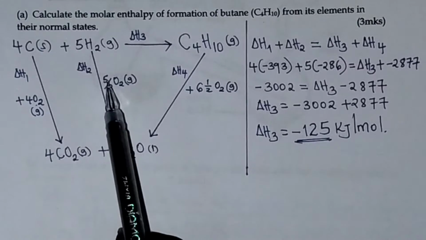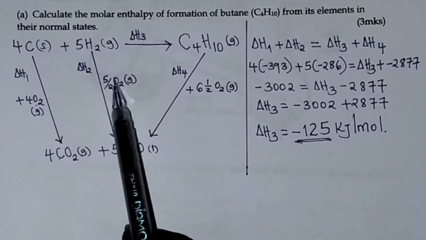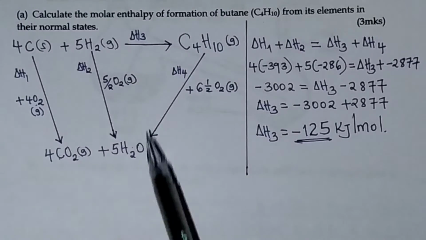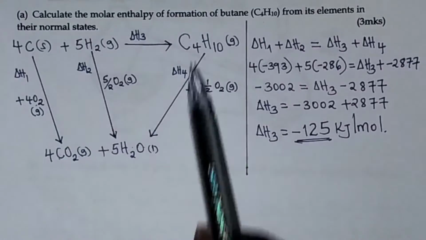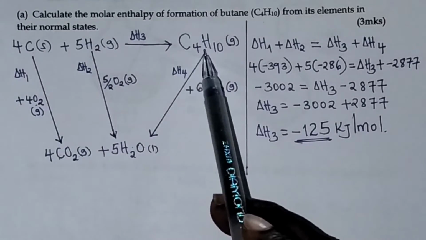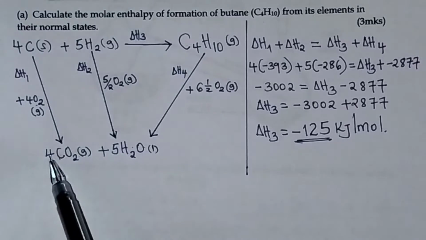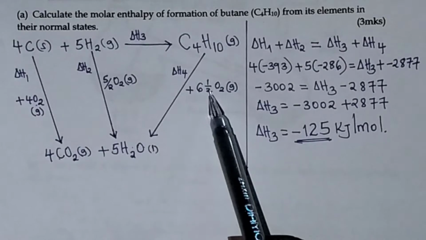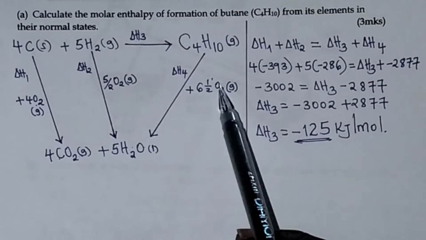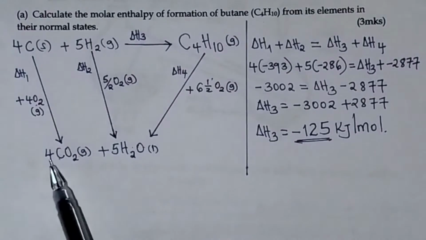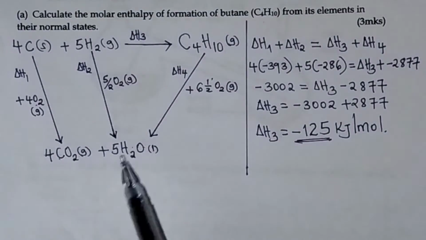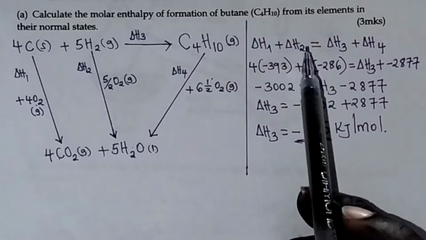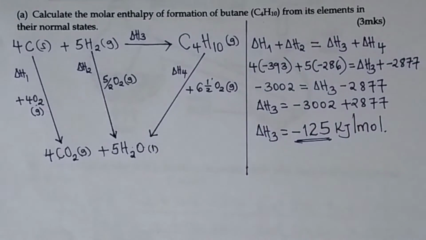We have here 5 atoms of oxygen, because 10 over 2 gives 5 atoms of oxygen. Here we have 4 of carbon, and 10 of hydrogen. If you check the oxygen here, it will be 13 atoms, because this is 13 over 2, times 2 we get 13 atoms of oxygen. If you check here, this will be 8 plus 5, that will be 13. So when I was writing the expression, I didn't check how the expression is given in the question. Check here.